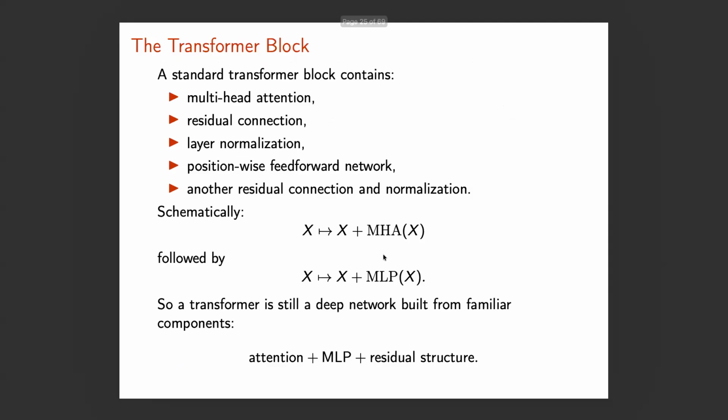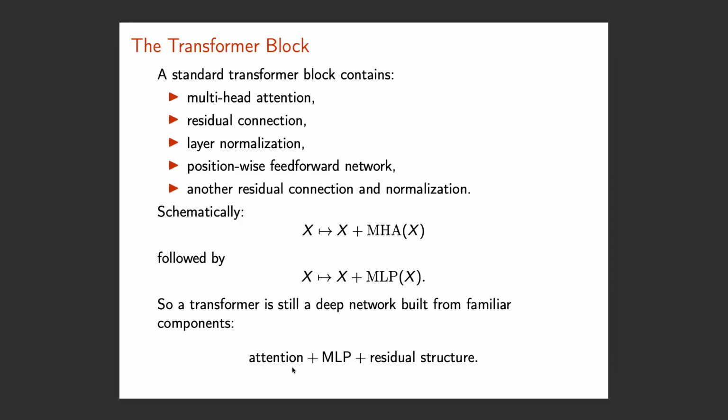A standard transformer then contains multi-head attention, residual connections, layer normalization, and a position-wise feed-forward network. So it gets a little bit more complicated, but in a sense it's still a deep network built from familiar components.